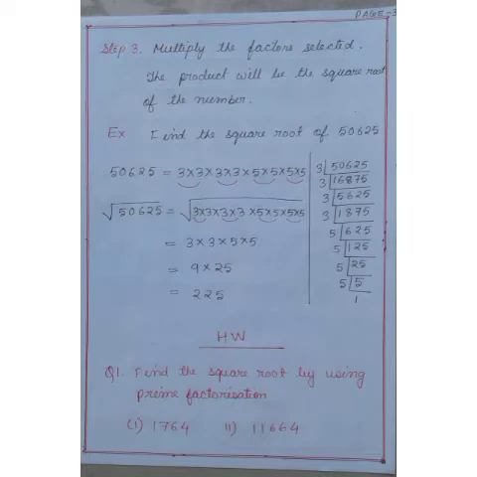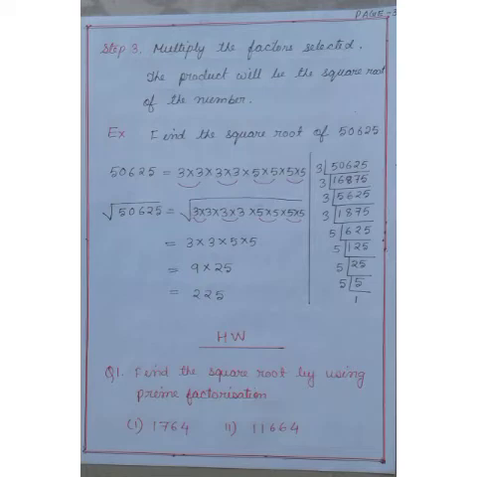If the sum of the digits is divisible by 3, then the whole number is divisible by 3. So 50625 is divisible by 3. Then I get 16875, which is also divisible by 3. I get 5625. Again it is divisible by 3. I get 1875. Again it is divisible by 3.